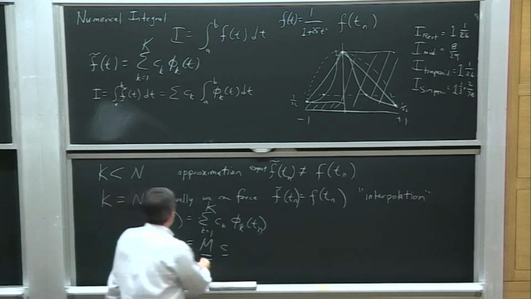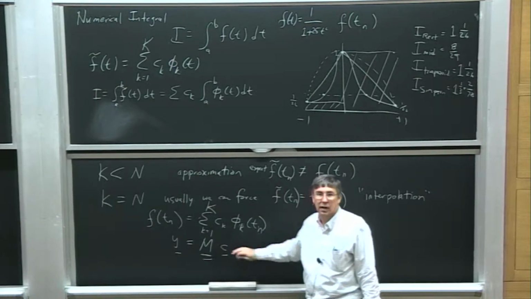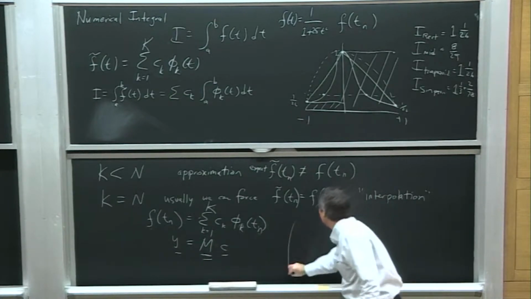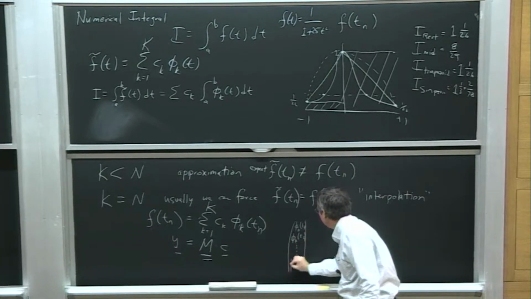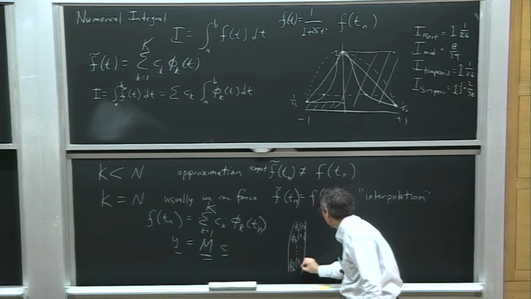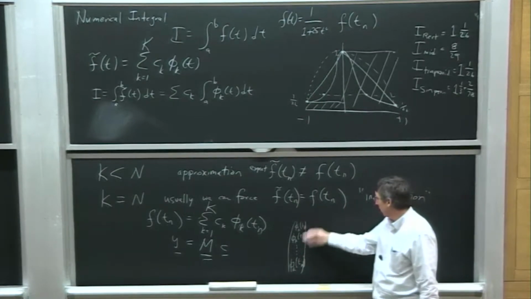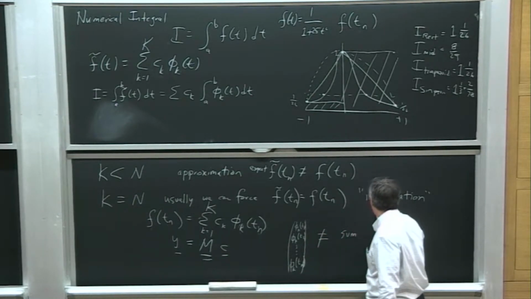Now, for this to work and have a unique solution, I need m not to be singular. What that means is that the columns of m have to be linearly independent. So what are the columns of m? They are phi k of t1, phi k of t2, up to phi k of tn. And I want that this column is not a sum of the other columns.